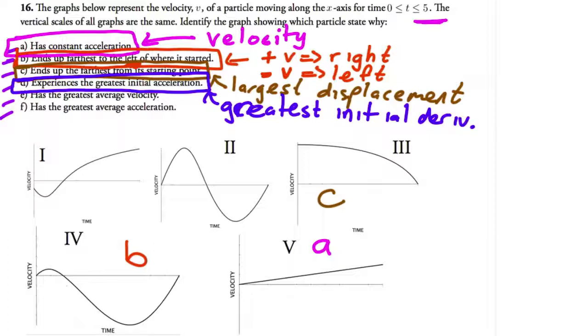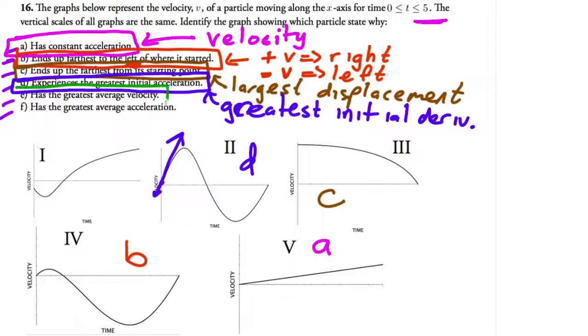Out of all these, which one has the greatest initial derivative? Well, it would have to be this one, right? Because if you look at the slope of the tangent line right there, that's the steepest line. So this one would be D. Okay.